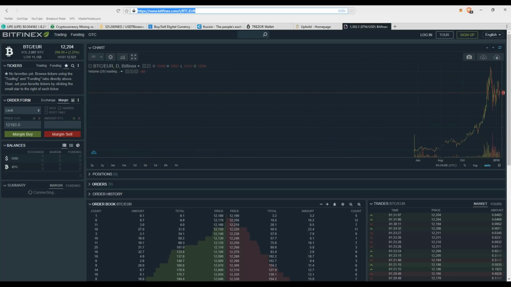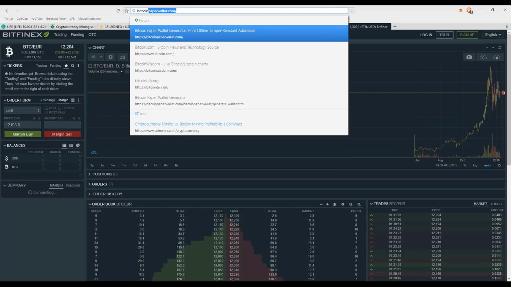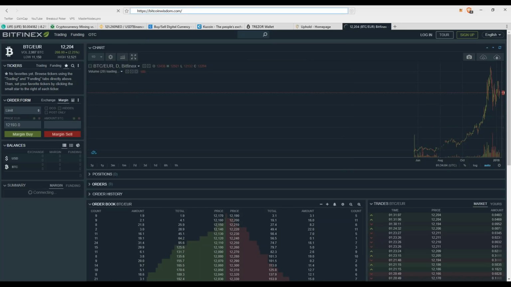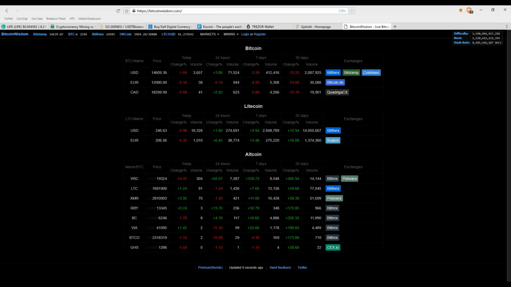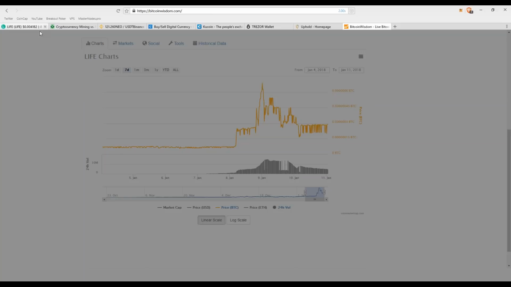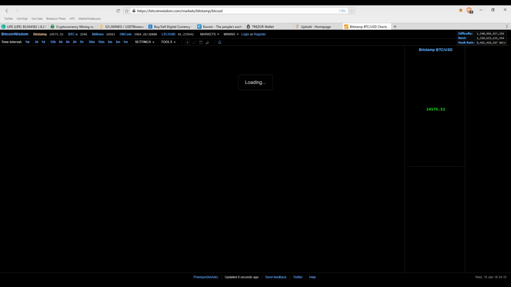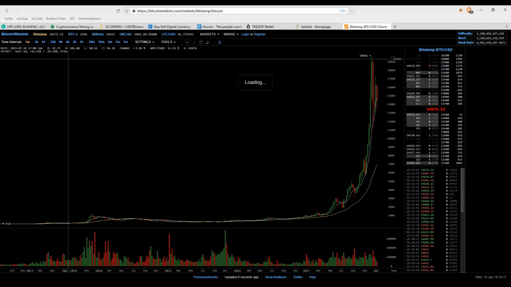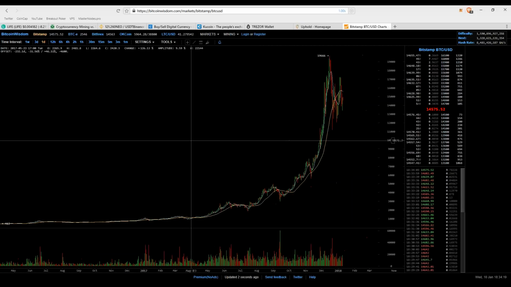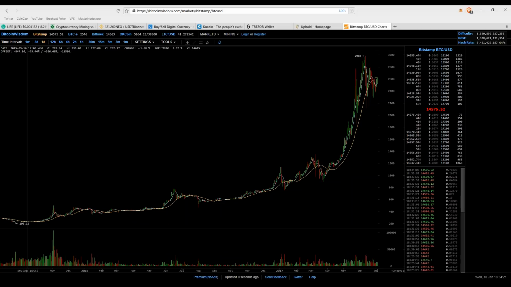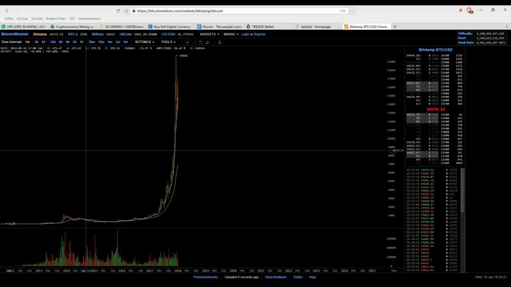Also, the one that I use, which is an old one, is Bitcoin Wisdom. Really old, from like 2011, but it gives you Bitstamp and all these other ones. I just like that they have a big history of Bitcoin from Bitstamp. Bitstamp has, I believe, the same chart, but I had always used this one back in the day.